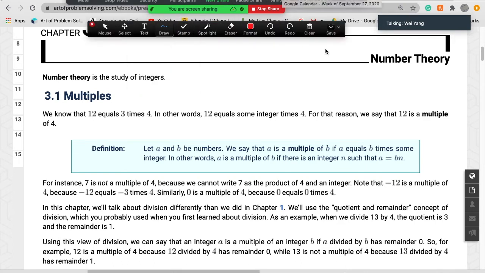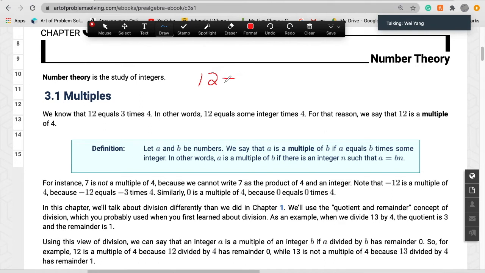Do you know what is a multiple? For multiple, when you have a number, suppose we have the number 12.